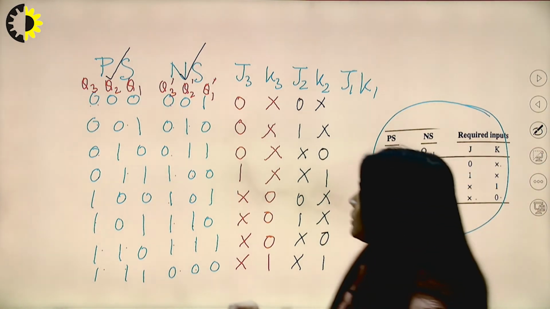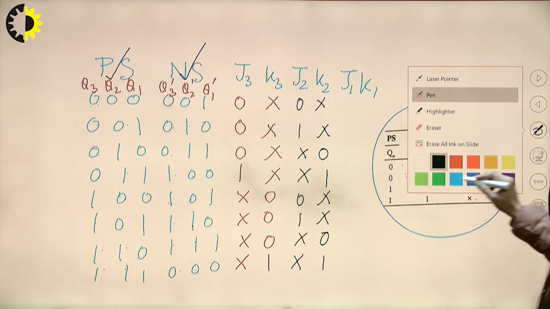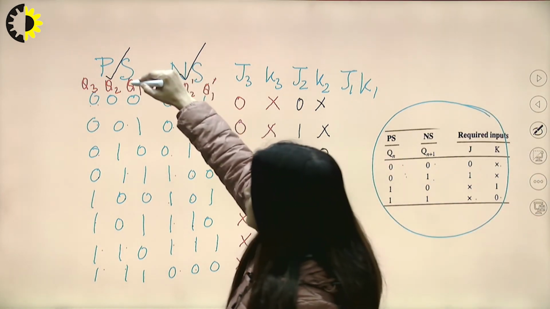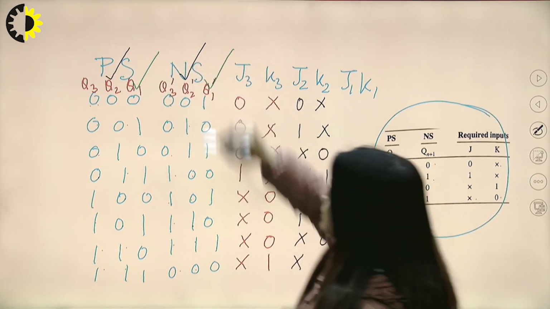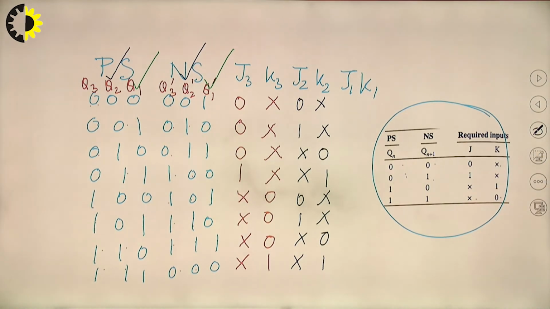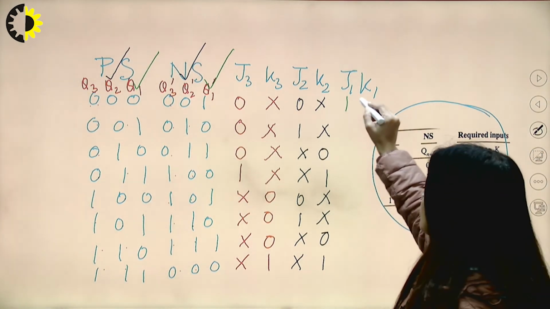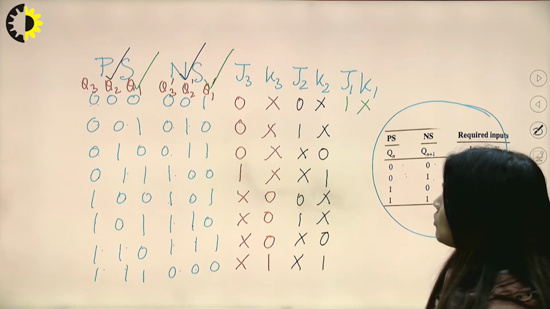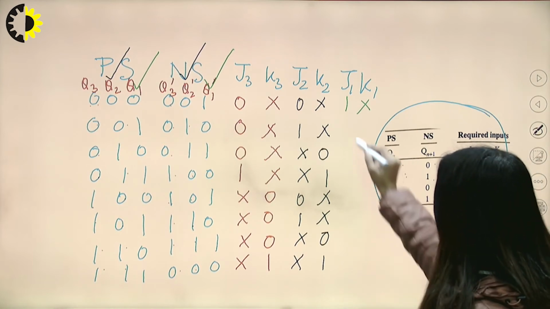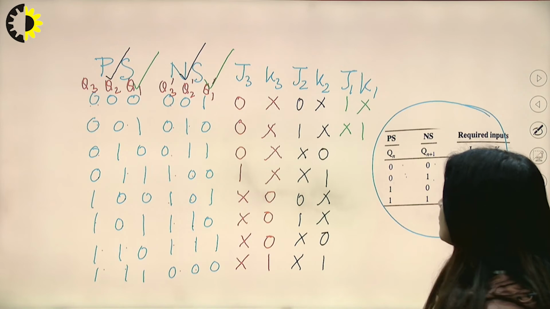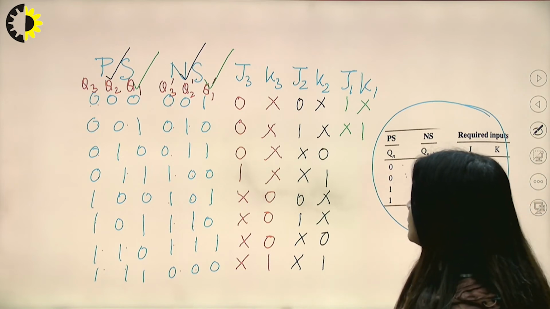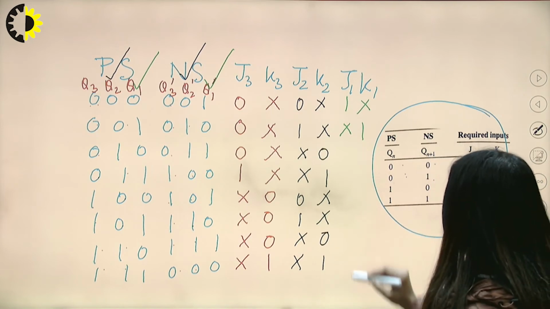Similarly, we will check for this Q1 and Q1 dash. Okay. So for 0 1, it is 1 cross. So for 1 0, it should be cross 1. For 1 0 1, it should be 1 cross.